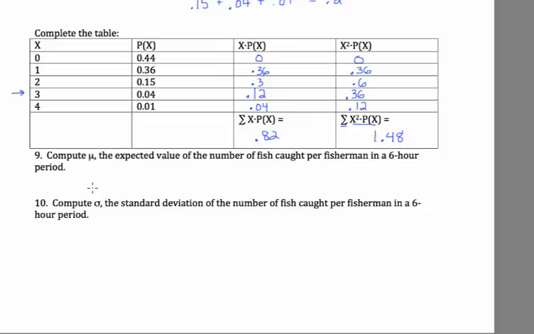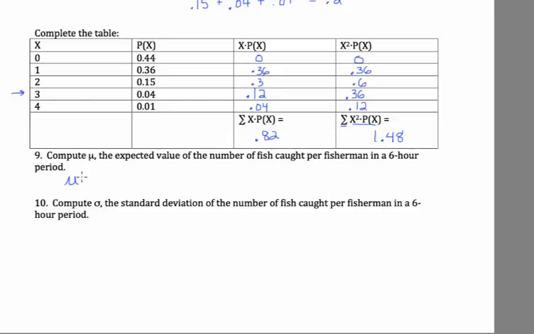Compute mu, compute sigma. The most important thing here is knowing where to find these formulas. You want to look on your formula sheet, chapter 5, and find mean for a probability distribution and variance and standard deviation for a probability distribution, and then copy those formulas.